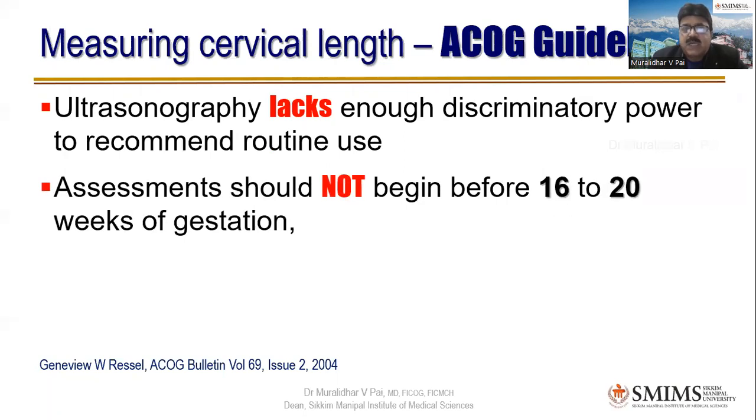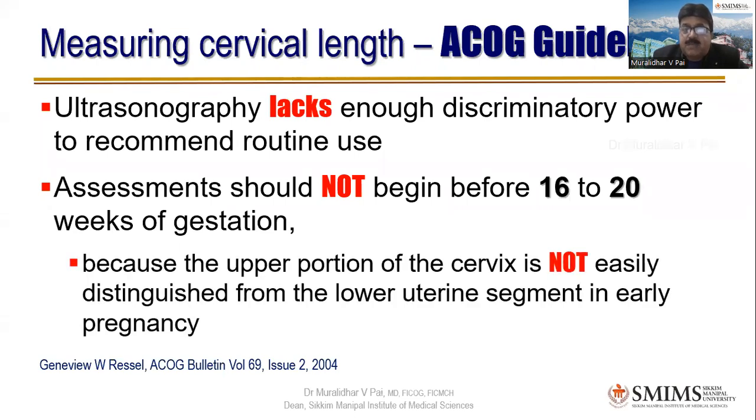One may argue, sir, we have to put a cerclage earlier than that. I'm not suggesting, but I'm quoting ACOG that you start from 16 to 20 weeks. The logic is the upper portion of cervix is not easily distinguished from the lower segment in early pregnancy.